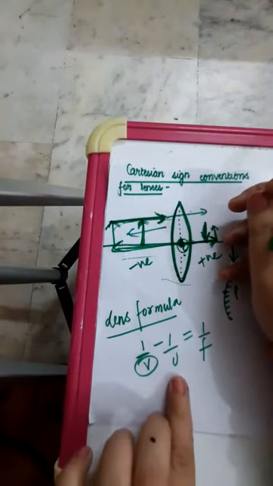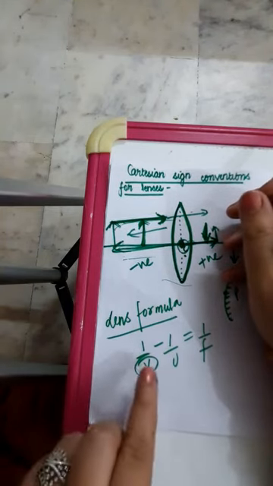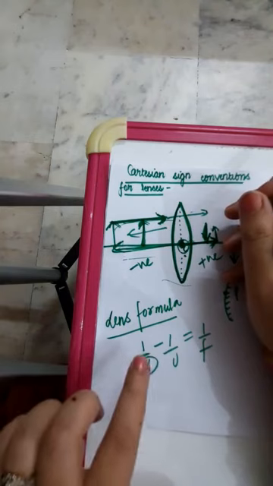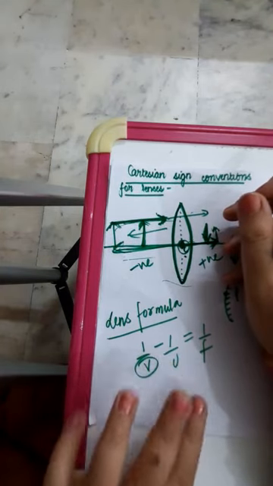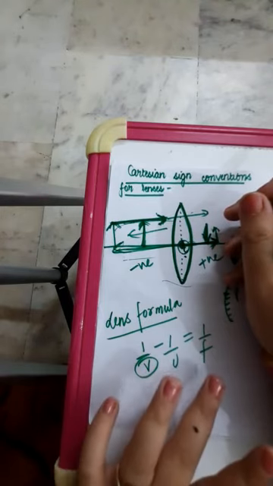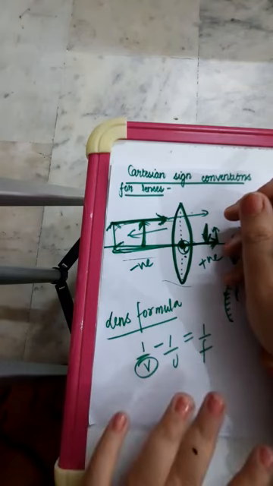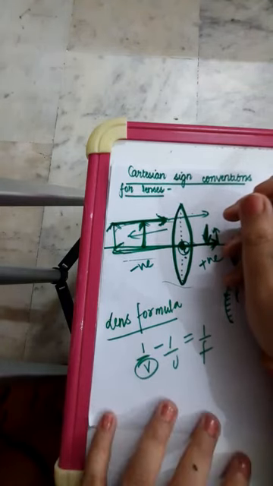So v is different from u. Lens formula says that 1/v minus 1/u equals 1/f, where v is image distance, u is object distance, and small f is focal length. We should keep this in mind.